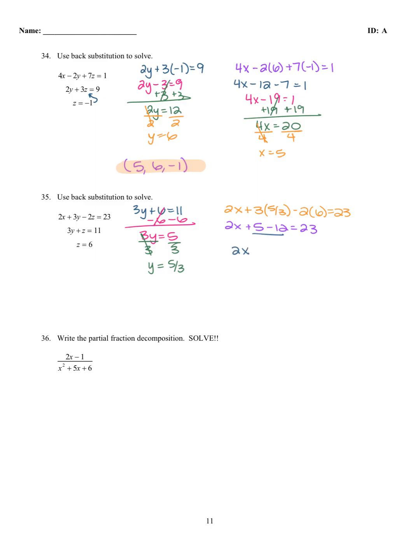That's 2x minus 7 is equal to 23. Add your 7 over. That's 2x is equal to 30. Divide each side by the 2, and you have that x is 15. So that gives you the ordered triple 15, 5/3, 6.